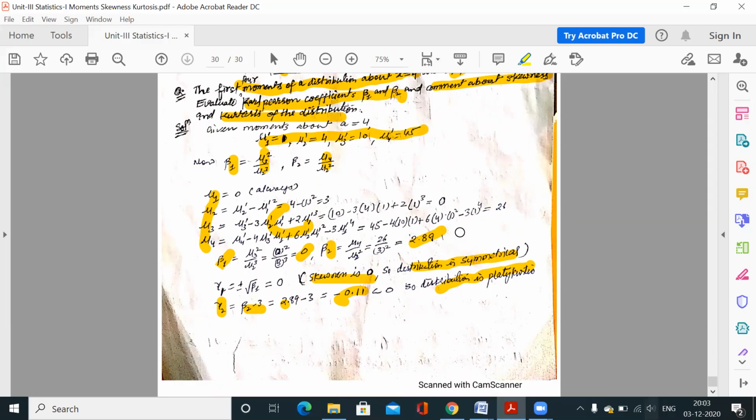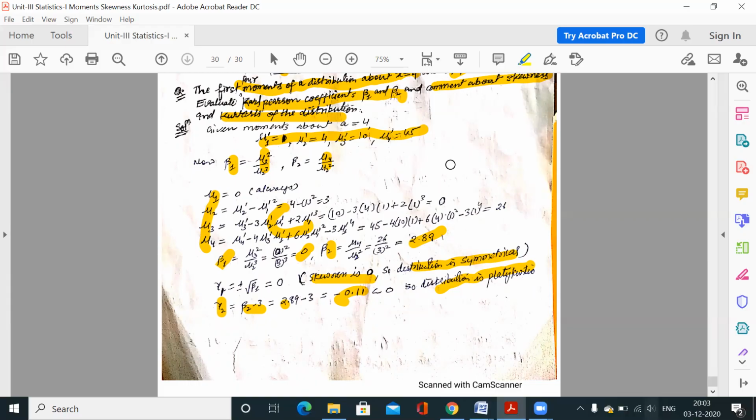So here one topic is left, which is moment generating function. I will cover that topic in the next unit because it is related to the distributions. So in the next unit we will study some distributions like normal distribution, Poisson distribution, binomial distribution. There I will cover the last topic of this unit, moment generating function. So till now we have completed all the topics except the MGF.